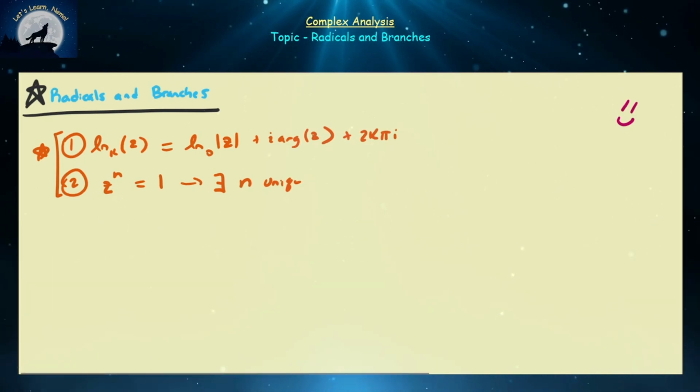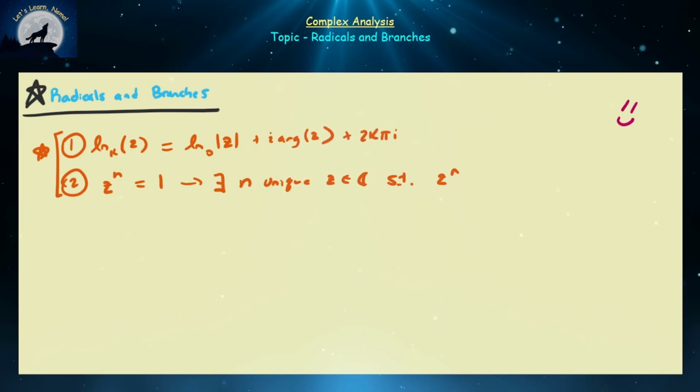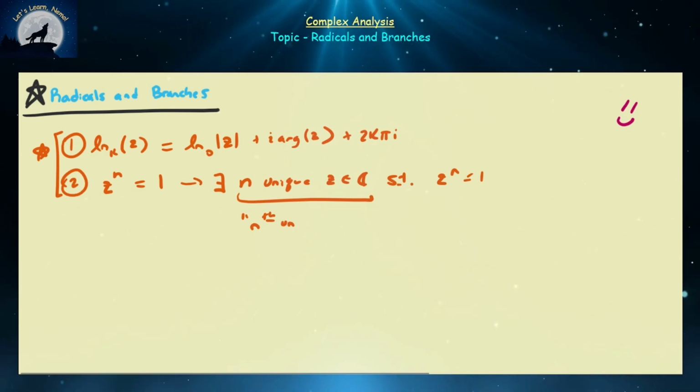There are n unique z belonging to the set of complex numbers such that z to the power of n is equal to 1. And these n unique objects are referred to as the nth roots of unity.